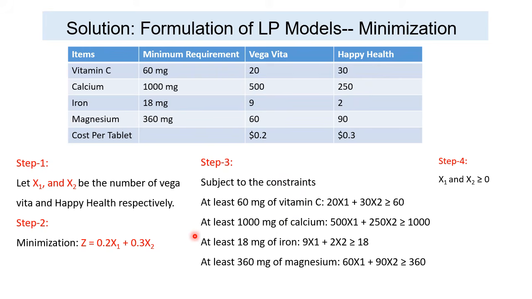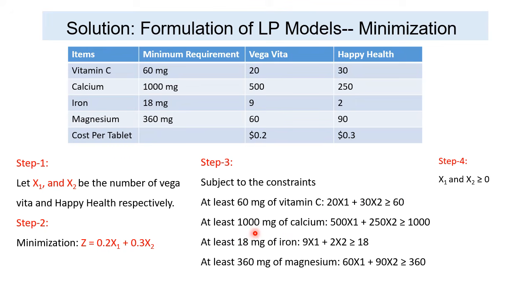This is the requirements. The minimum requirement for vitamin C is at least 60 milligrams. At most, it can be more than 60 milligrams, but at least this is the minimum requirement. So we can express it as 20 times x1 plus 30 times x2 greater than or equal to 60, because it is at least. At most we can go more than 60.